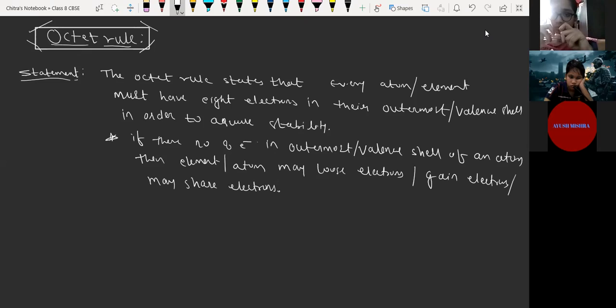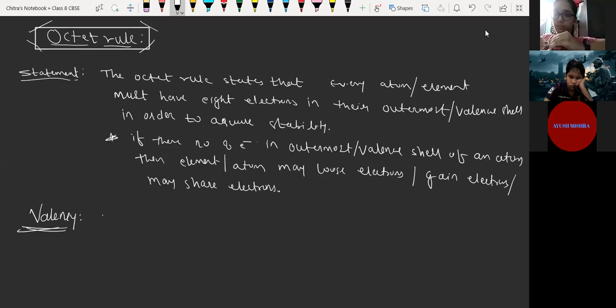So now we have to write here the valency. What is valency? The number of electrons an atom can donate or accept, or share. Or we can say it is nothing but the combining capacity of an element.